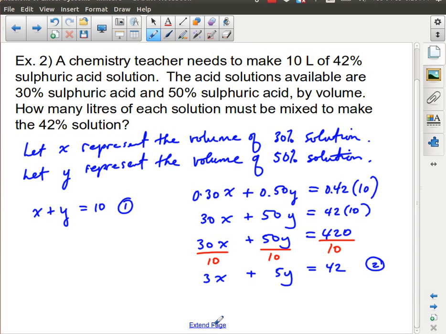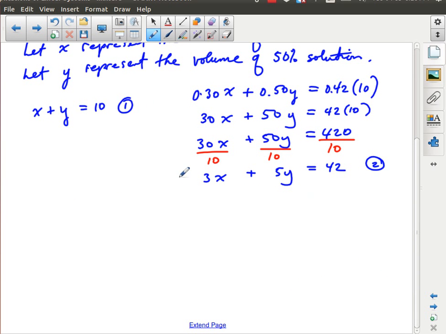Now, from there, I need to combine these two equations somehow. So what do I want to match up? Again, elimination just works so well. They're already in the same form. Equation number 1 here is so easy to manipulate. So I could easily just multiply equation number 1 by 3.